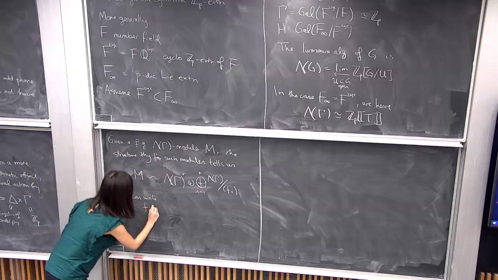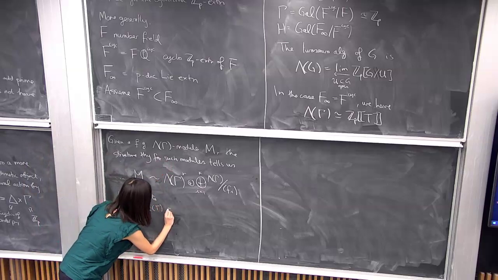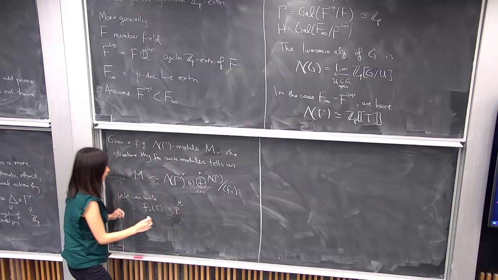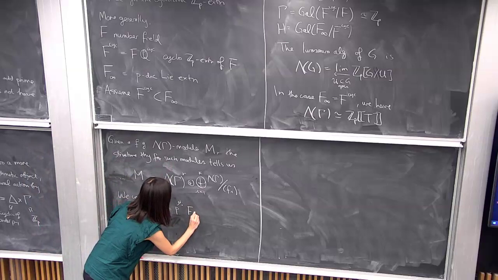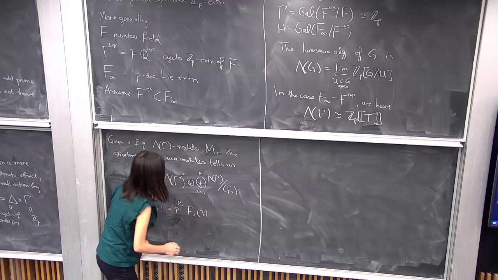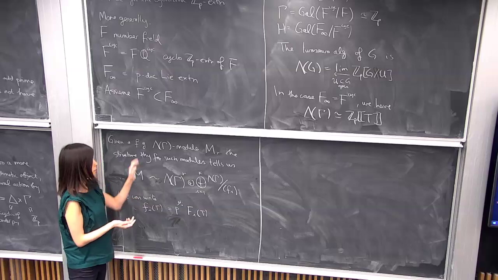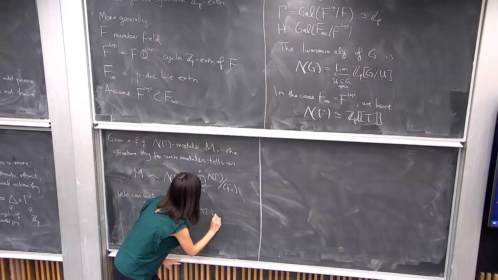So f_i is equal to some power of p times some distinguished polynomial, which is a polynomial whose non-leading coefficients are divisible by p, and some unit in this algebra.